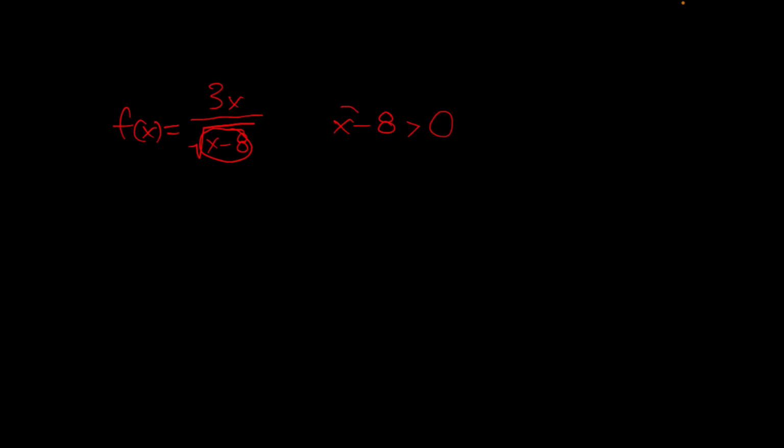And now we have to solve for x, or get x all by itself, which means that x has to be greater than 8. Which means that if we were to write this with interval notation, we'd write it like this. And this right here is our domain.